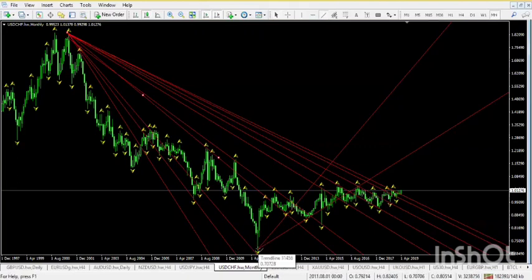So should we connect the swing highs and swing lows together? No, you have to connect the swing highs together and the swing lows together. So right now I'm drawing this.